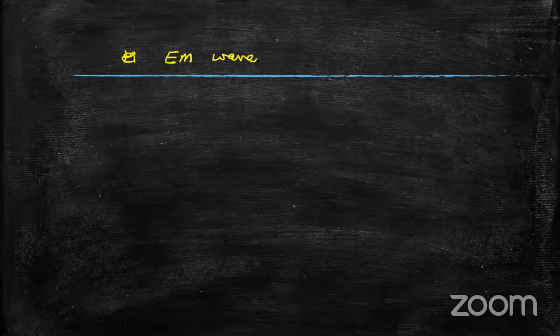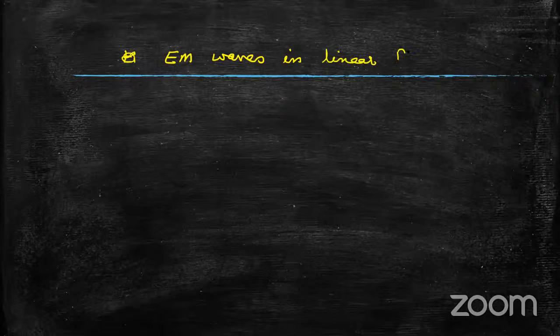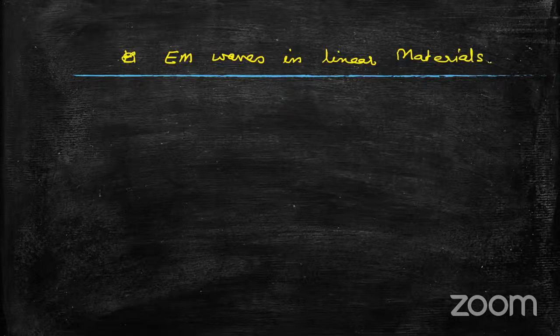What are the properties of linear materials? D is connected to E and H is connected to B by some relationship.